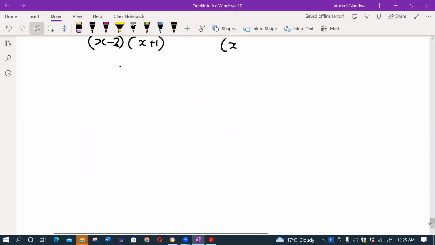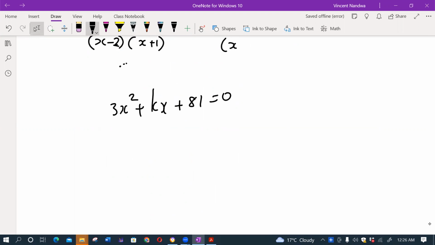So we have one of the roots of the equation. So the equation is 3x squared plus kx plus 81 equals 0.